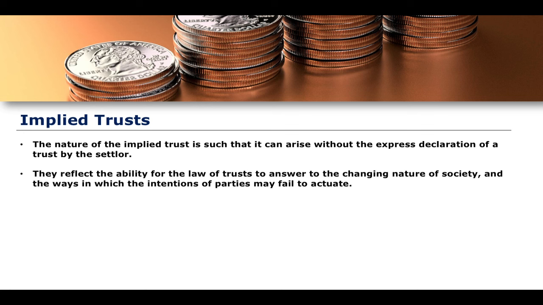Generally speaking, implied trusts reflect the ability of the law of trusts to answer to the changing nature of society, and the ways in which the intentions of parties may fail to actuate. It might be the case that the intention of the parties was for the beneficiaries to benefit in equity in some way, or for the property to be put on trust in some way, but that this failed to be achieved.